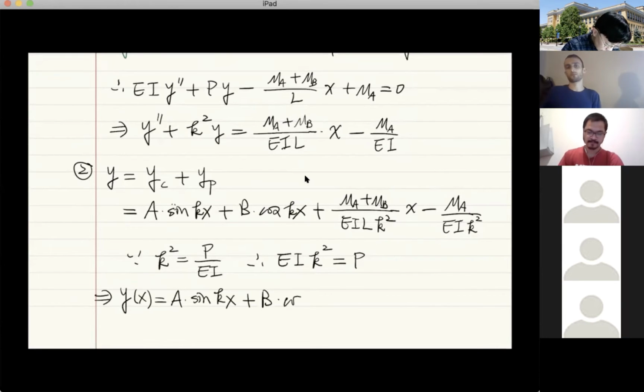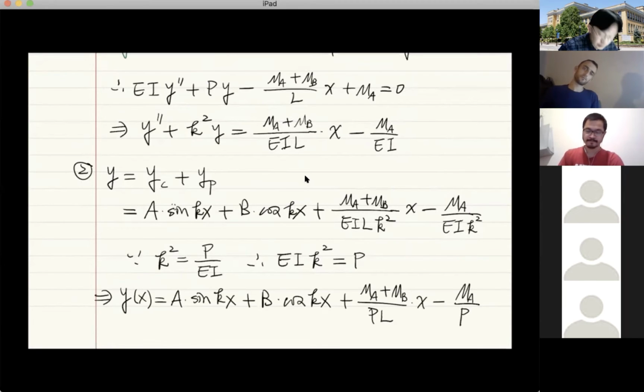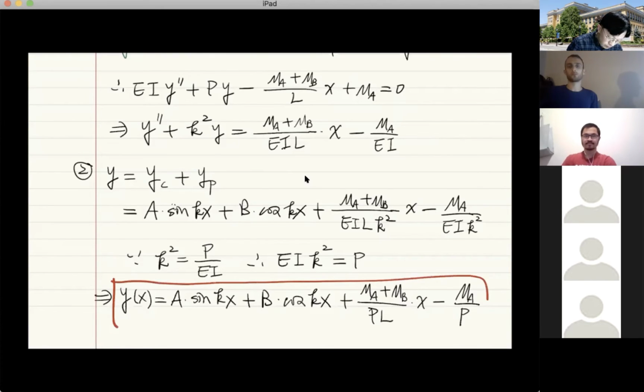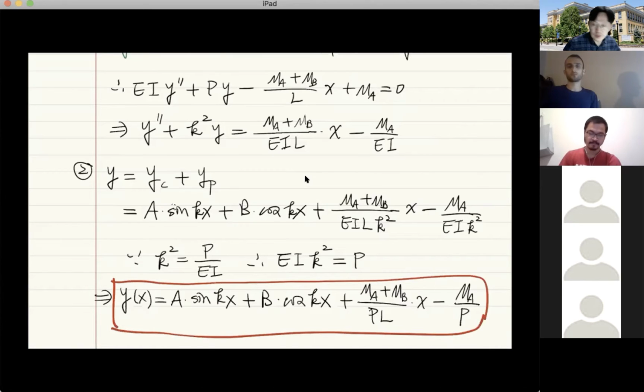So B times cosine KX plus PL over MA plus MB times X minus MA over just P. I will always recommend you to work with this expression, not the one before. This is easier to work with. Okay, and we will stop here.